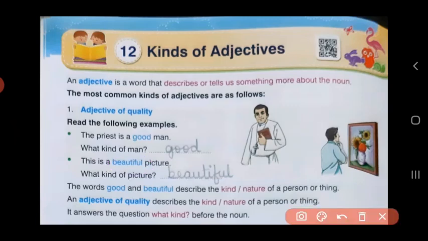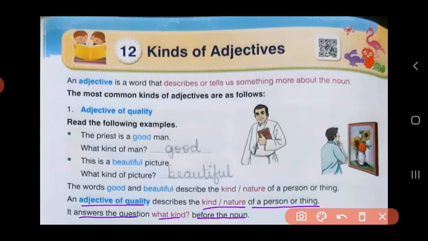So here in both the sentences, the words good and beautiful are describing the kind or nature of a person or thing. So these describing words are called adjective of quality. Adjective of quality describes the kind or nature of a person or thing. It answers the question, what kind, before the noun.